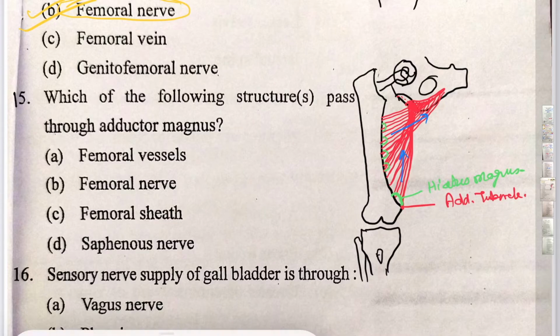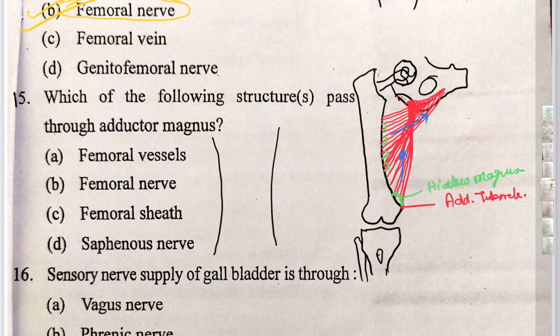So now look here on the posterior aspect. The diagram I am drawing here is the right femur, posterior view. On the medial lip of this linea aspera, the muscle that takes origin is vastus medialis, and the lateral lip provides origin to vastus lateralis.